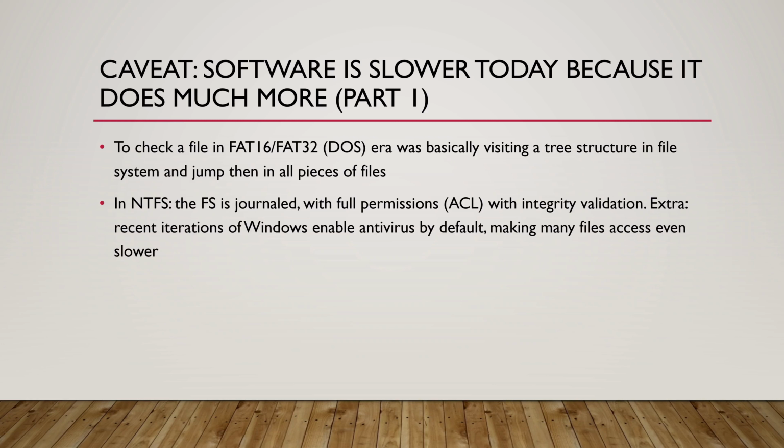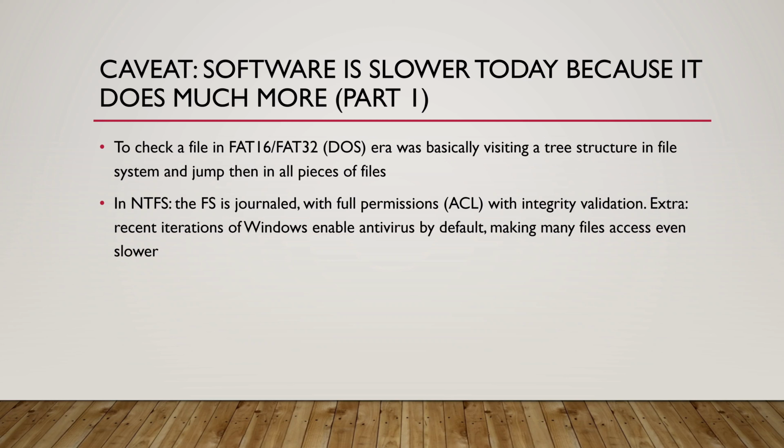So for example, just to open a file and read the line that is contained in that file. In the DOS era, before Windows, basically in the 1990s or 80s, you would look into a tree structure, which was the file system, and when you had access to the file, you would jump to where the file starts and read it, and there were very few permissions on top, like read only, if I remember right, archive.